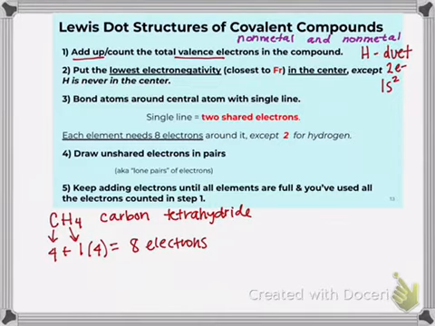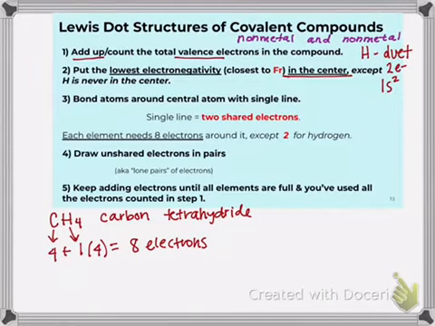Okay? So what you're going to do is decide who's going to be the central atom. The central atom is the guy that's going to be closest to francium and furthest from fluorine on the periodic table. Okay? And this has everything to do with electronegativity.